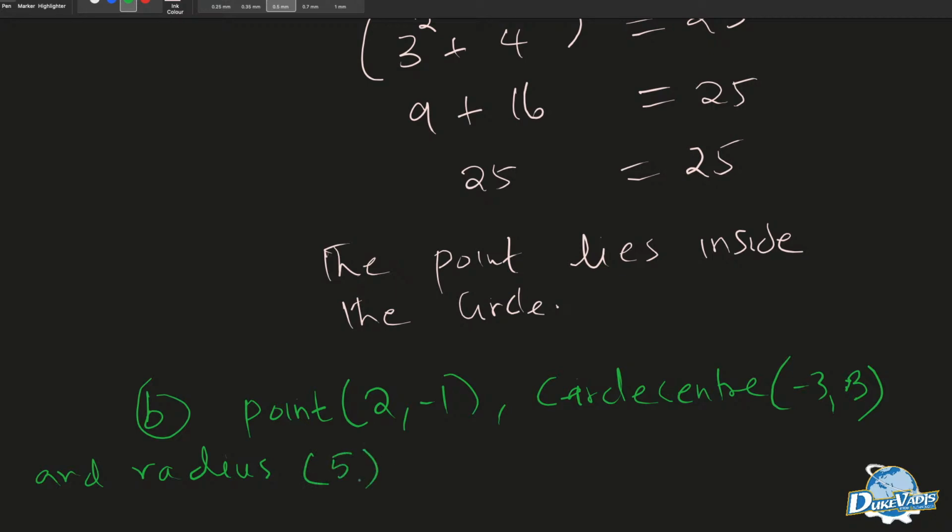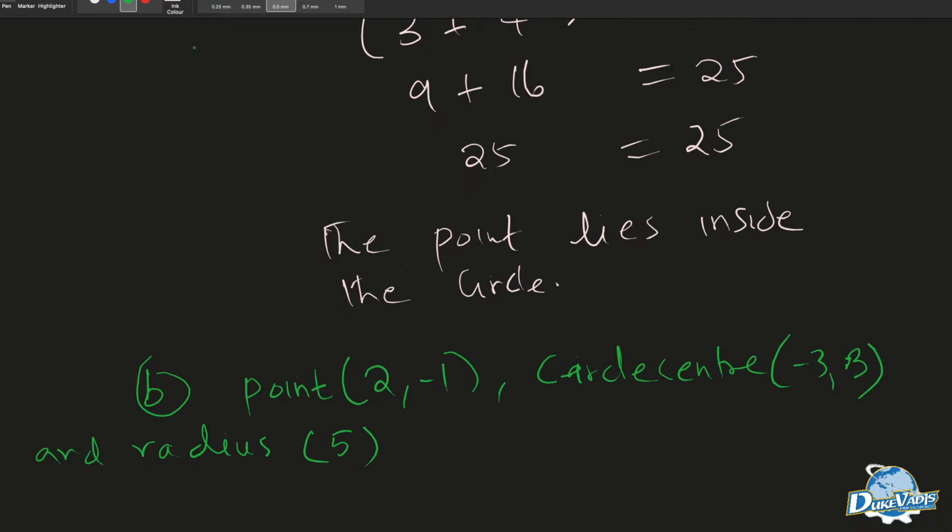So we have this information at hand. We have our center C to be (-3, 3) and our radius is 5. Let's see whether the case will be good.